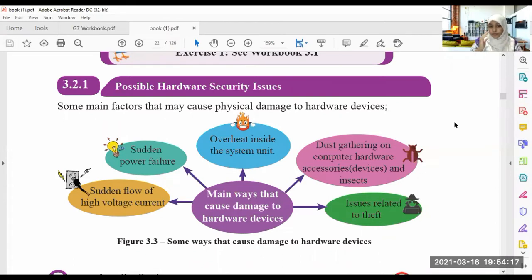There are physical damages which can be caused to hardware. For example, a sudden flow of high voltage current.